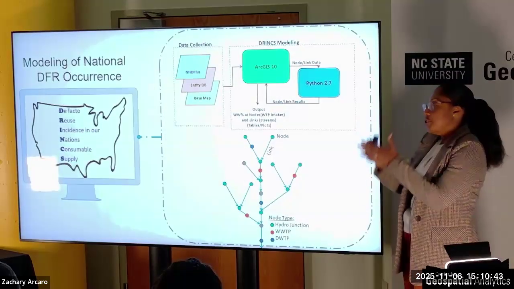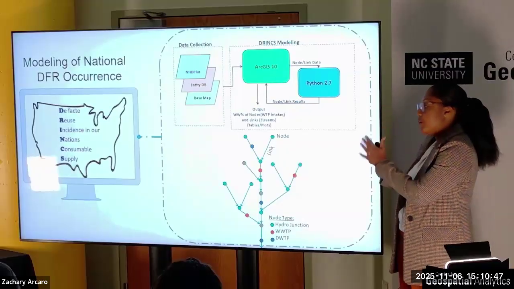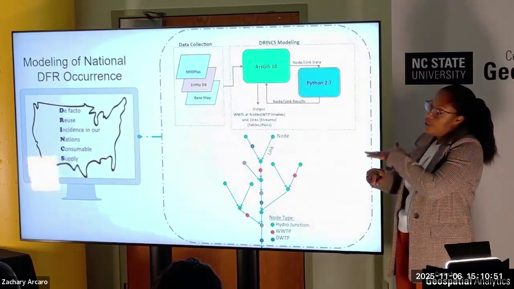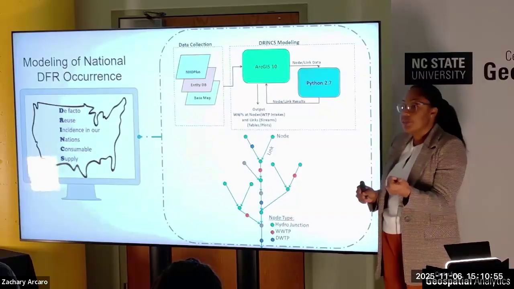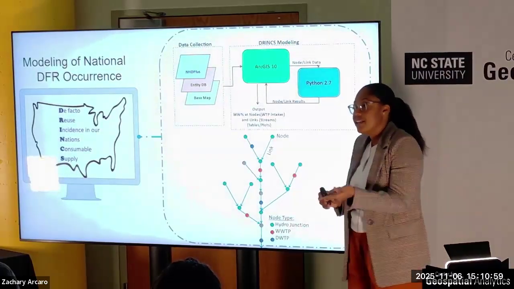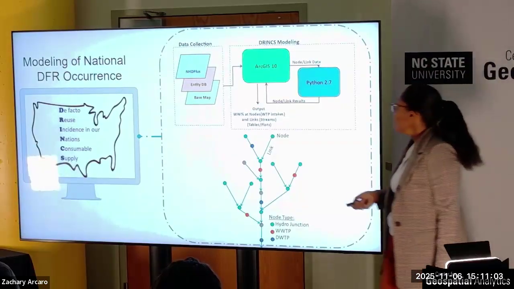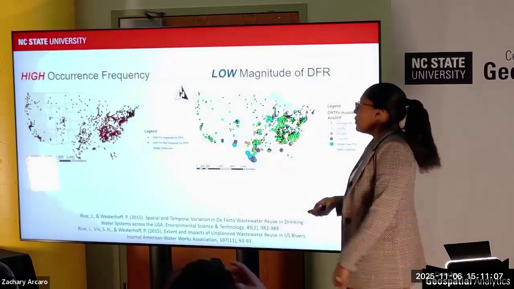My rivers and streams were like the network links, linking everything, and geospatially superimposed on that stream network I had my locations for my wastewater treatment plants and my locations for my drinking water treatment plant intakes, and the wastewater was mapped throughout the system. And it was supported by Python code.